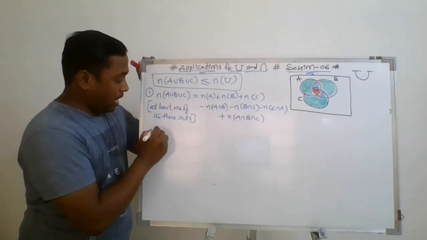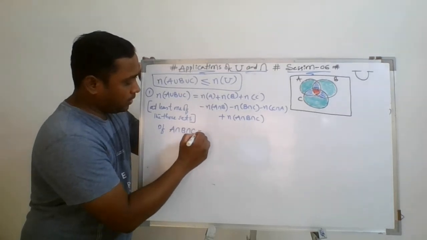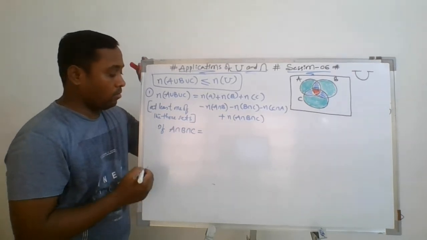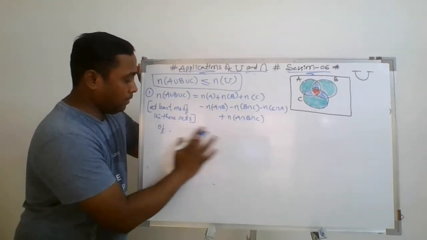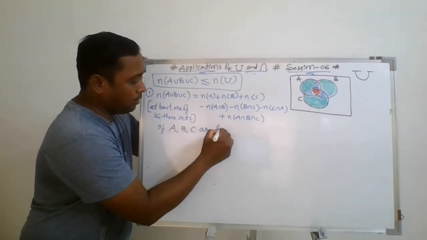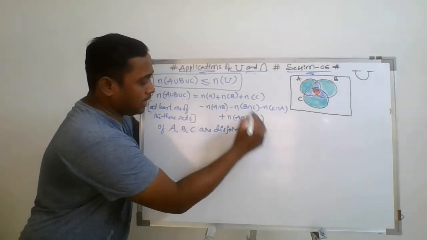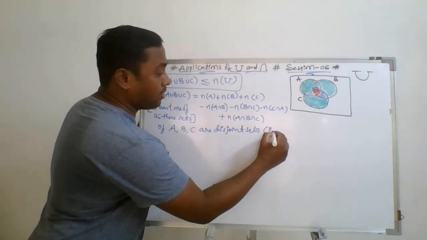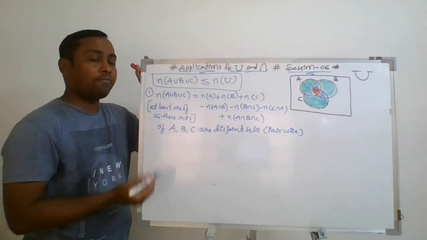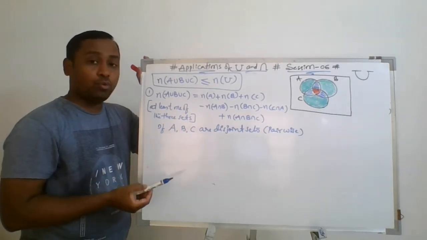Clear? Now, I'm adding one condition. If A intersection B intersection C is a null set, it means that, apart from this, if I say sets A, B, C are pairwise disjoint sets, all are disjoint sets, there is no common element between any two sets.